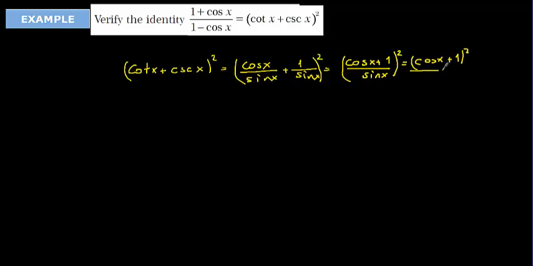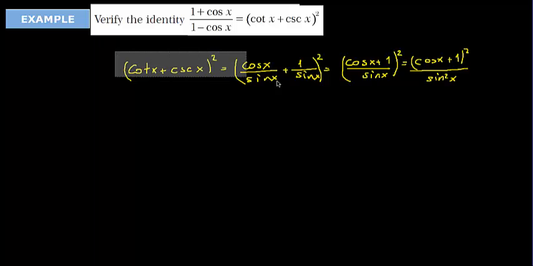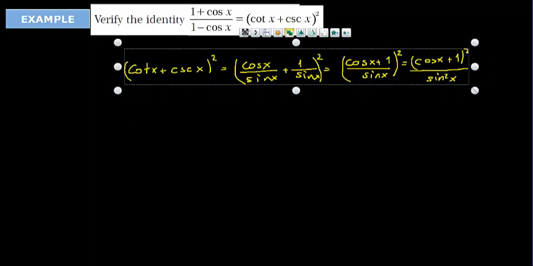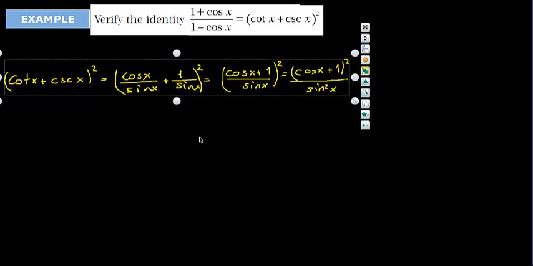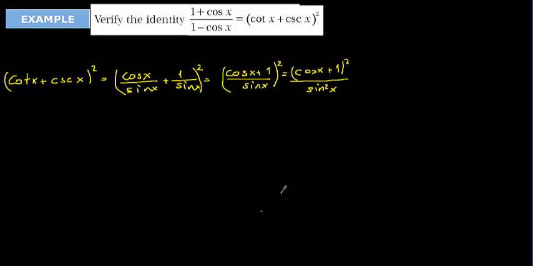over sine square x, and I know that sine square x can be written as 1 minus cosine square x. It will be equal to 1 plus cosine x squared over 1 minus cosine square x.